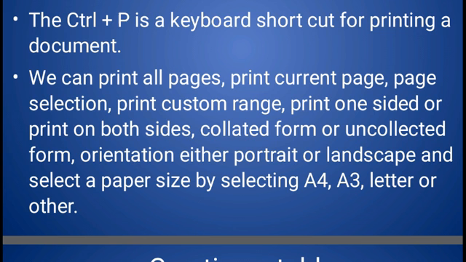In the second turn, it prints page number 2 three times. So it prints page by page. In the collated form, printing changes. It first prints the first set: first page, second page, third page, fourth page, then fifth page. So the first set is printed. In the second turn, first, second, third, fourth, fifth, you get the second set, and last again first, second, third, fourth, fifth. So this is collated form and uncollated form.